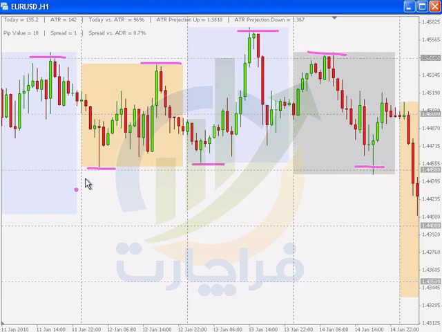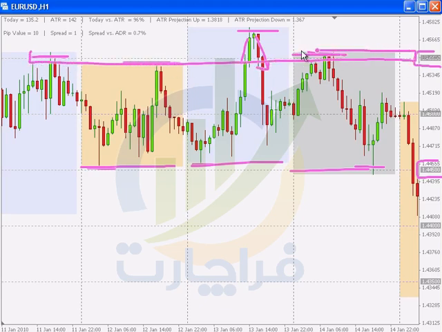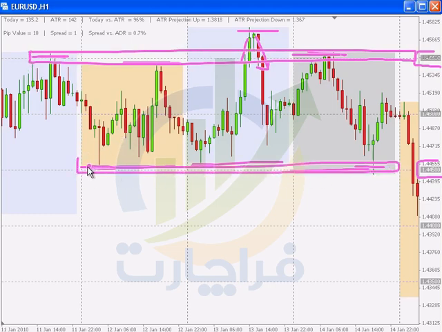Also, we can see how the daily boxes indicator are more or less bottoming out, all of them at the 144.50 area, and more or less topping out around the 145.50, even though we got a little bit of a fake breakout there. But at any rate, price has been entrapped within this area to the upside and within this area to the downside.